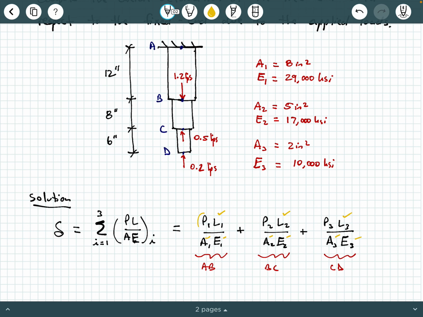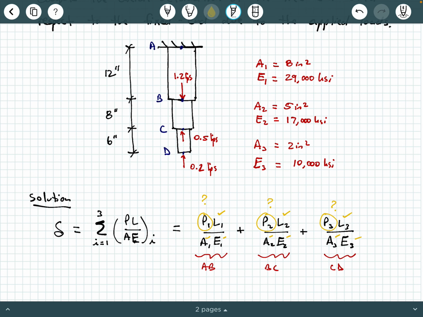These are the 3 remaining terms that we currently don't know. Now, you may be looking at this and saying to yourself, oh, wait a second, I know them. P1 is 1.2 kips, P2 is 0.5 kips, P3 is 0.2 kips, and I'm done. I know everything. If you do that, you're making a mistake.